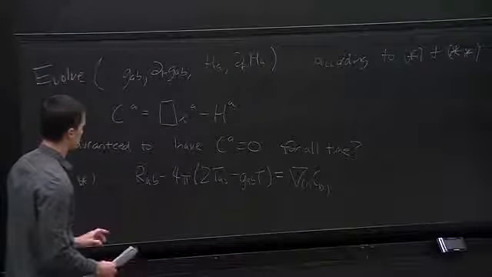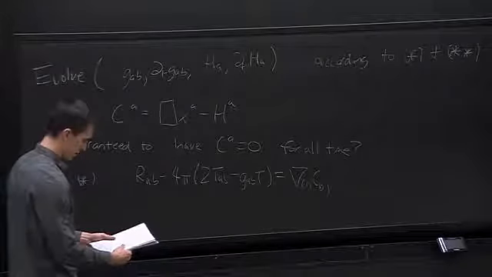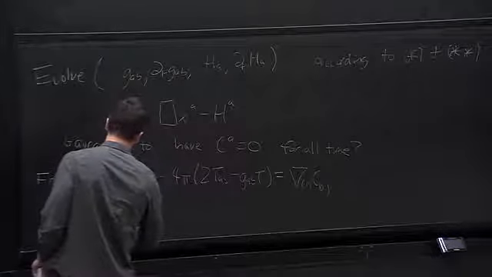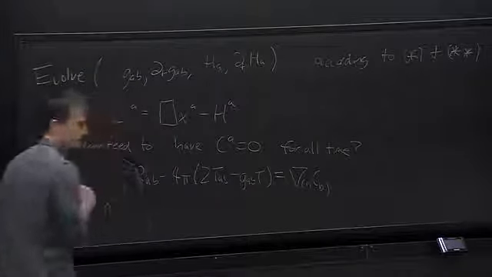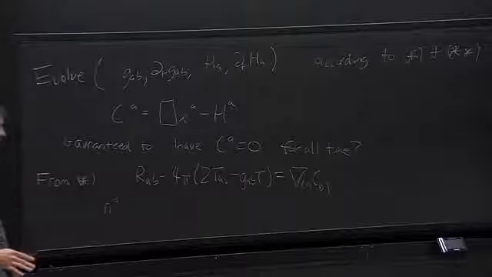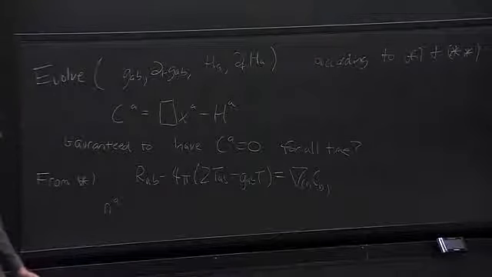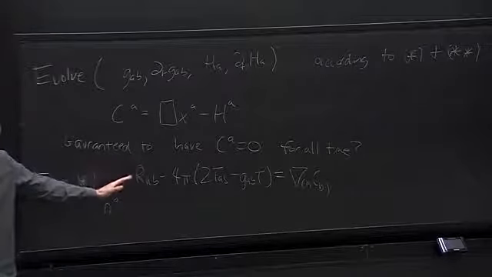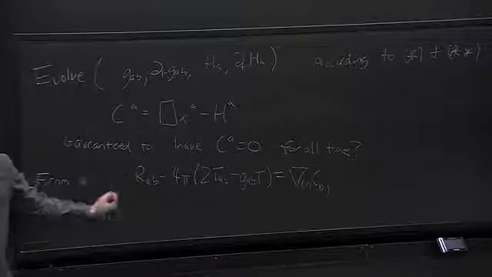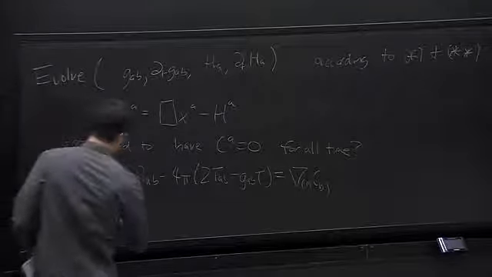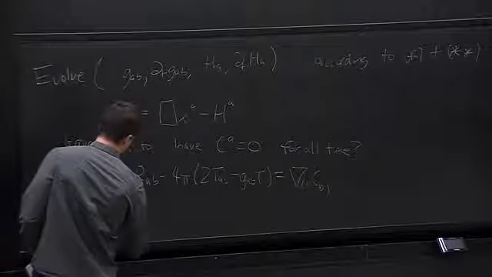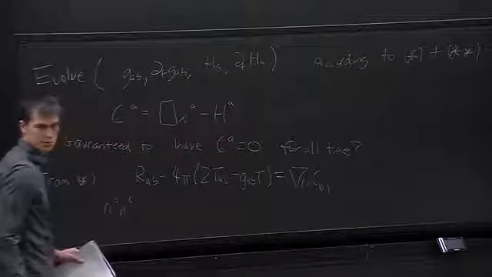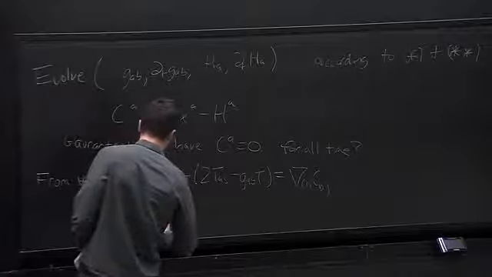So what we can notice is that if we project this equation using our vector that's normal to our slices of constant t, on the left-hand side we'll get 4 equations which are going to be the Hamiltonian and momentum constraints, right? So if we act on this equation with 2 projections onto the time slice, we get the Hamiltonian.